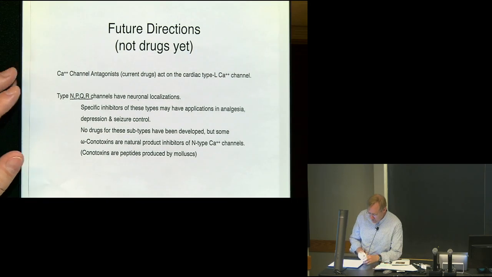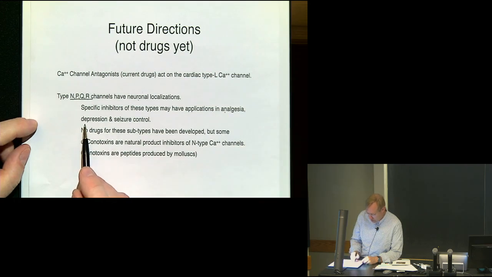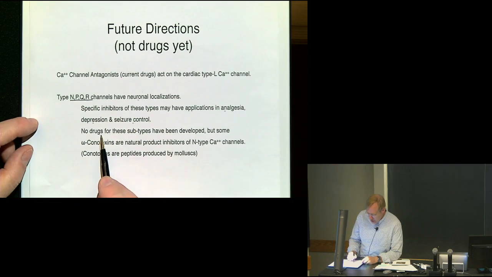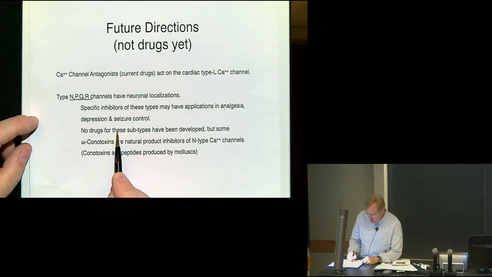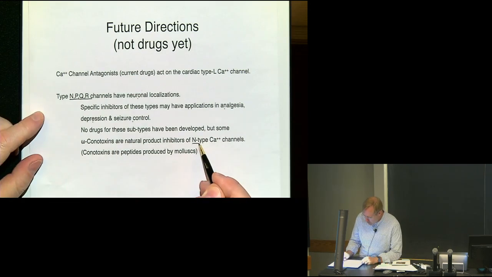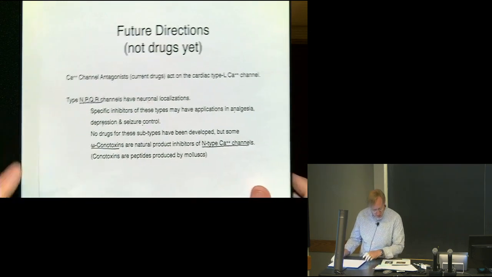Specific inhibitors of those types have a lot of applications in relieving pain, depression, and controlling seizures. There haven't been any drugs for these subtypes that have made it through the approval process yet, but some are coming. There are also some interesting natural products that bind these N-type calcium ion channels, called omega conotoxins.